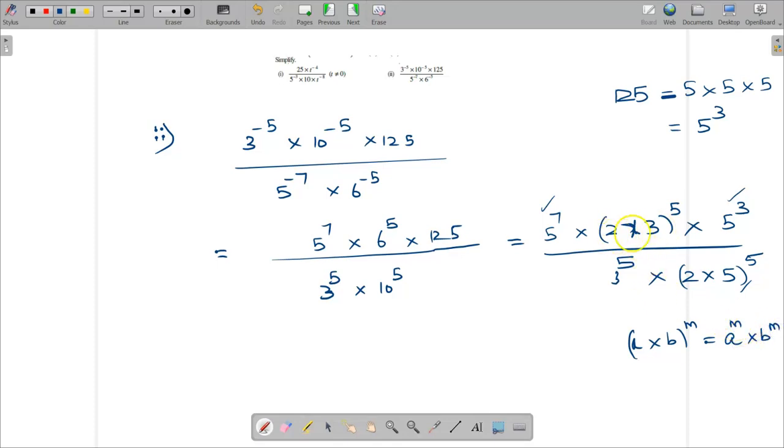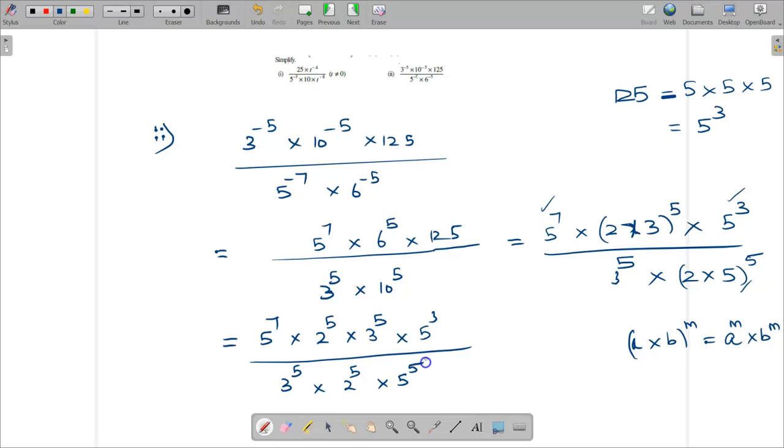So in the numerator I write 5 power 7 into 2 power 5 into 3 power 5 into 5 power 3, divided by 3 power 5 into 2 power 5 into 5 power 5.